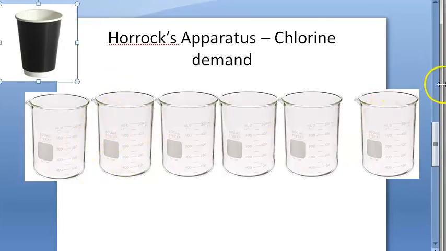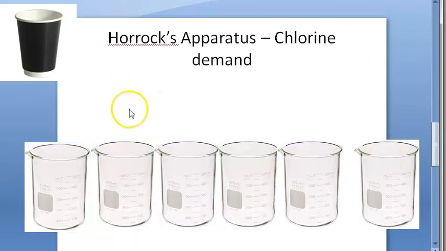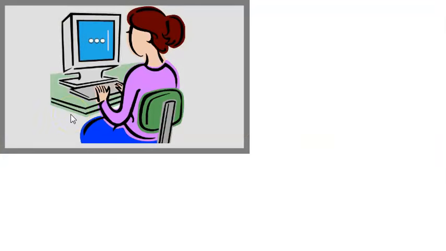And the water that you are using here, right, first of all, it should look clean, okay? It should at least look clear and free from turbidity. Then, the chlorine demand. So basically, we're talking about chlorine demand now. Wake up here. The chlorine demand of water is what? The difference between the amount of chlorine added to the water and the amount of residual chlorine remaining at the specific period of contact is chlorine demand.